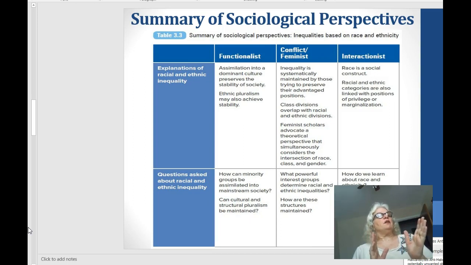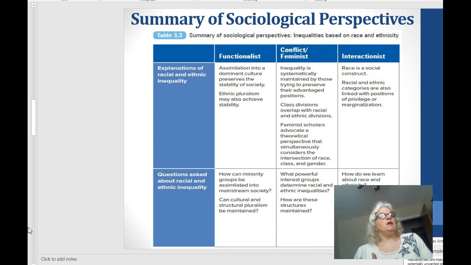When we look at conflict in feminists, we look at the inequality of the system that is maintained by those trying to preserve that advantage of one population over another. Again, we can see the bourgeoisie and the proletariat, the class divisions, and how race falls into those categories.